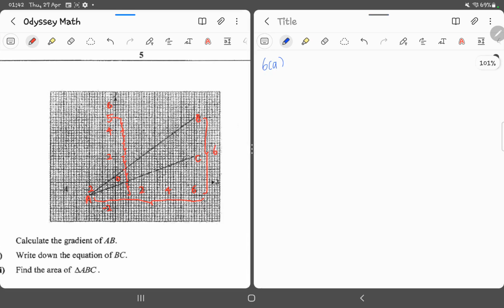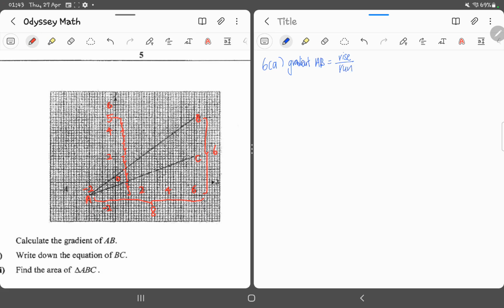So the rise is 6, and then the run is from -2 to 6. In that case, that will be 8 units. So we have the rise over run. So gradient AB is equal to rise over run.